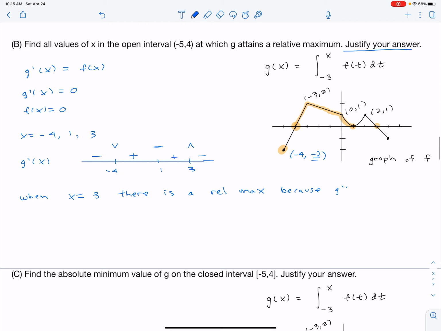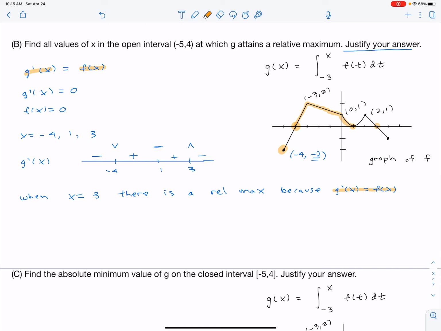g prime of x, which equals f of x. Again, I call this pointing. I'm saying, hey, I'm getting information about g. How am I doing that? I'm looking at f of x.